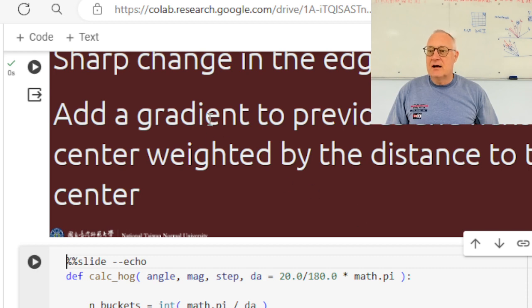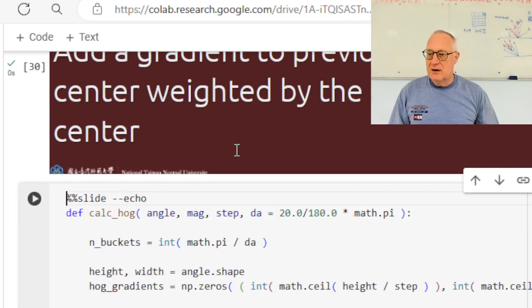We want to add a gradient not just to the current cell, but also to the next cell that it is closest to, and weigh the contribution based on the distance to the center of the corresponding cells.